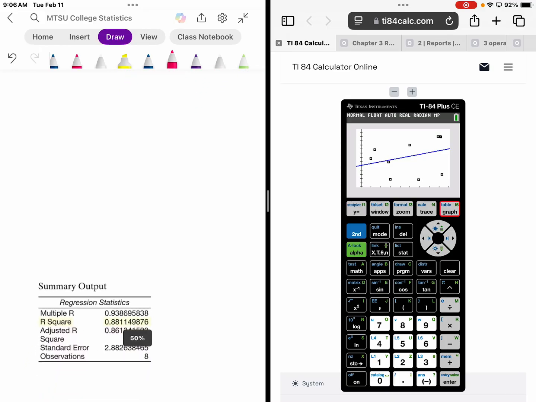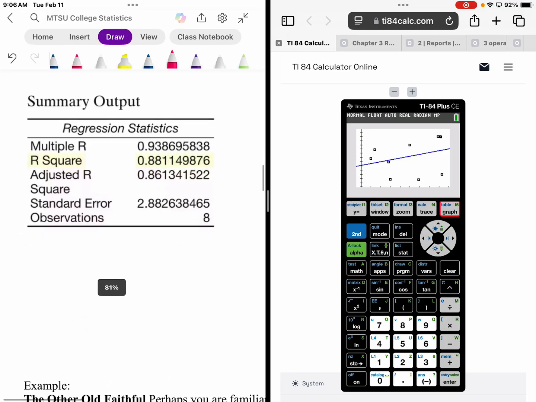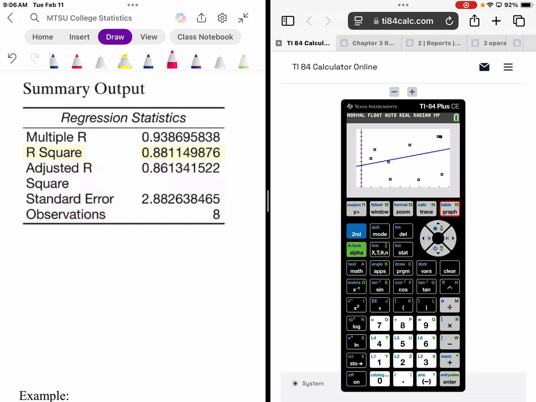I put a little summary output for Minitab here, where they show our R squared value right there. So that's that 88%. In that case, 88% of the variation is explained by the explanatory variable, which means roughly 11% is not explained.